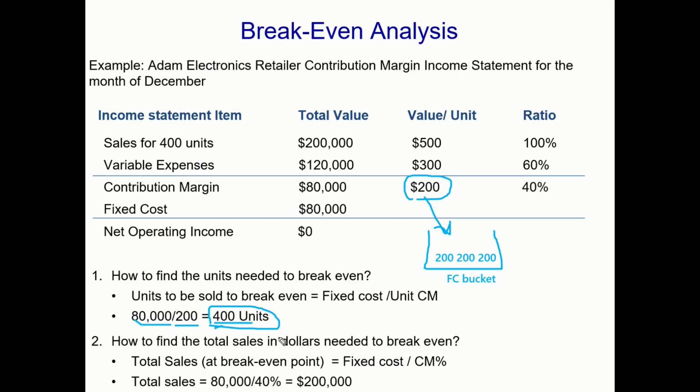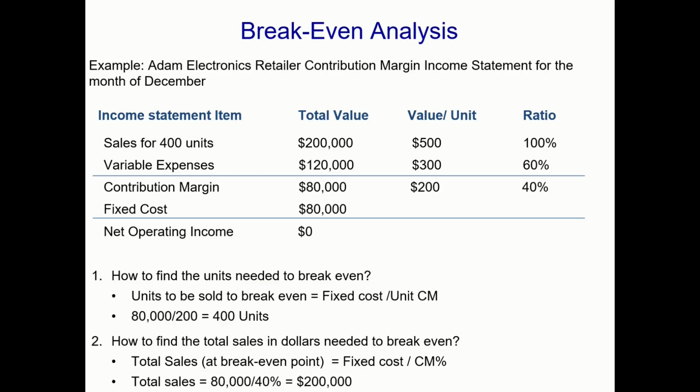So if I want to find out how many tablets I need to sell, well, I need to cover my fixed cost. To cover 80,000, and each tablet is giving me $200 in contribution margin, how many $200 do I need? I need 400. And if you want to prove it, you could always complete your contribution margin income statement.